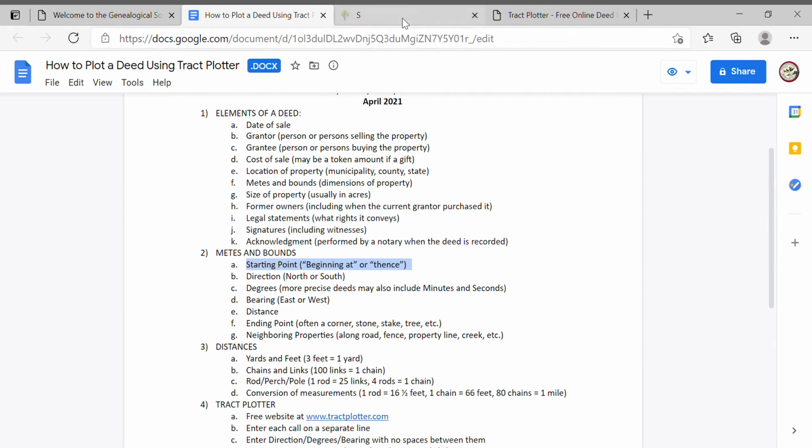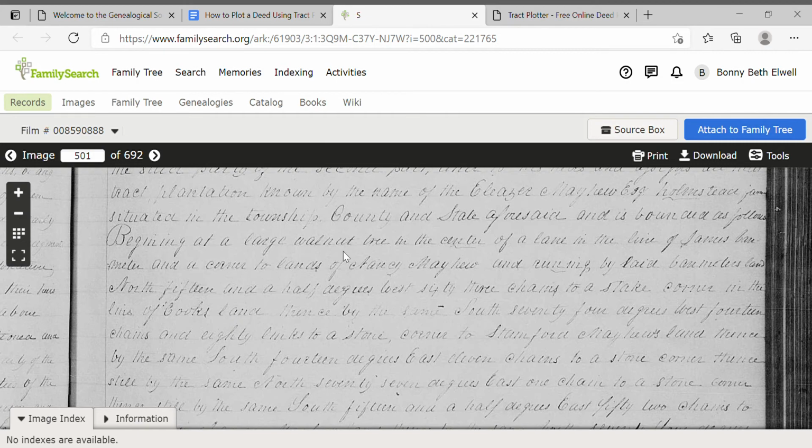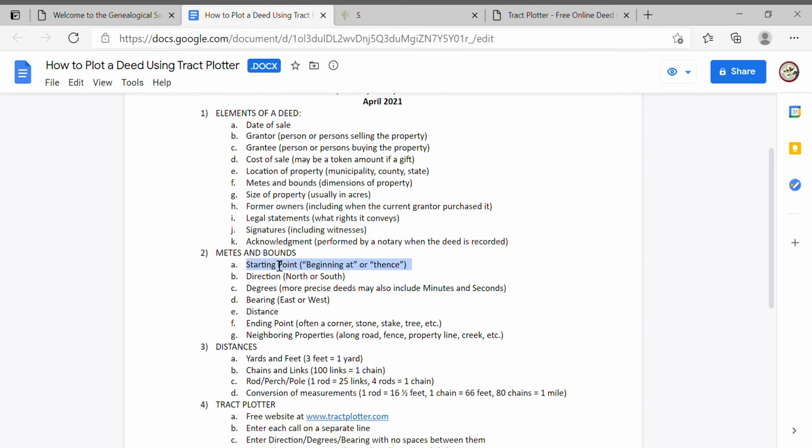Okay, so we're starting at this walnut tree, and then it tells us where to go. Running by the said Van Meter's land, we're going to go north 15.5 degrees west 63 chains to a stake. Okay, so the direction we're going is north, and then that could be either north or south. And then it tells us how many degrees.